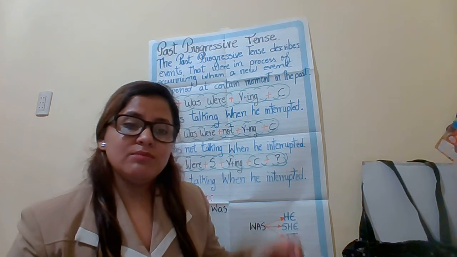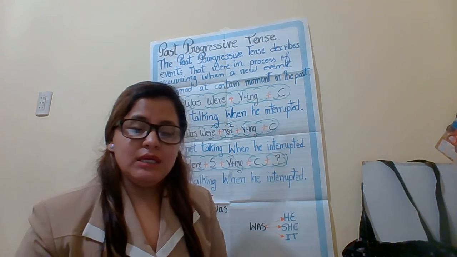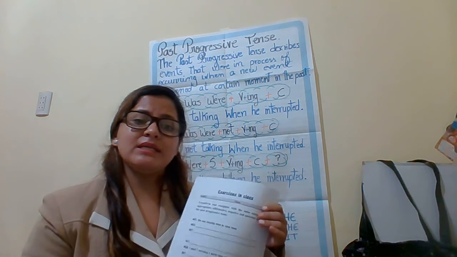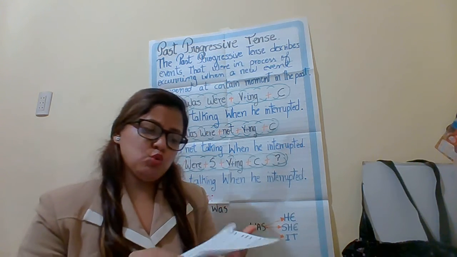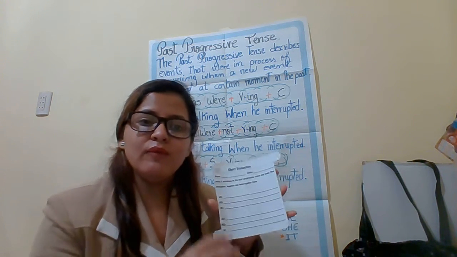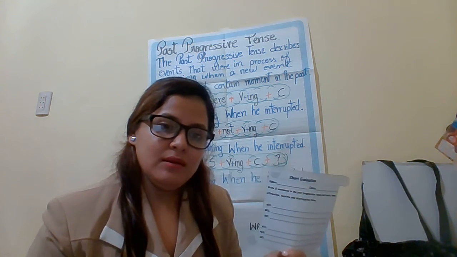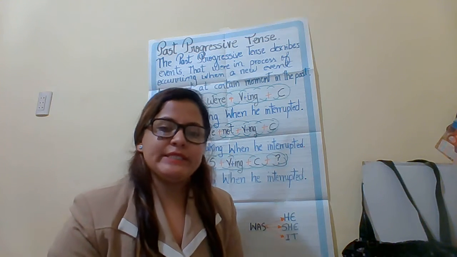First, I'm going to explain the topic through this poster. And then the students have to do this exercise. And finally, the students have to do a short evaluation so the teacher knows the learning level of each student.